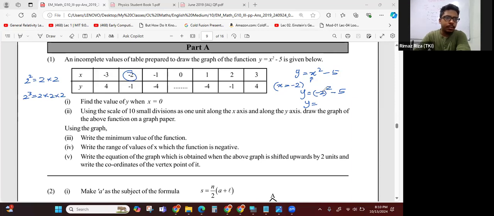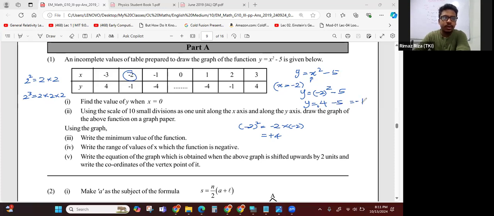Right? So here -2 squared is actually -2 into -2. So you can see minus and minus is plus, 2 into 2 is 4. Therefore, -2 squared is 4 minus 5. If you simplify this, the signs are different, so you have to take the difference. 5 minus 4 is 1, and put the sign of the bigger number, minus.